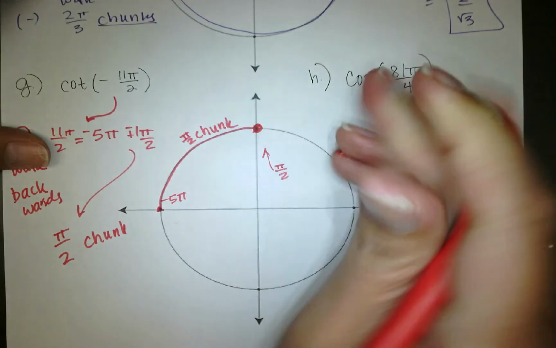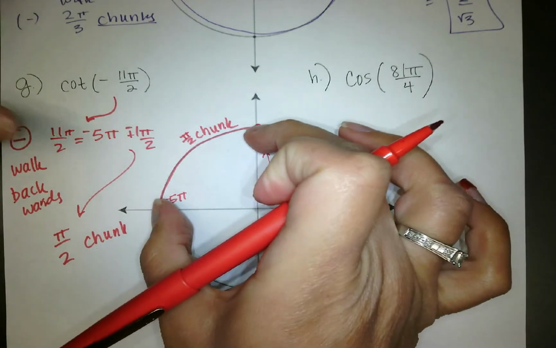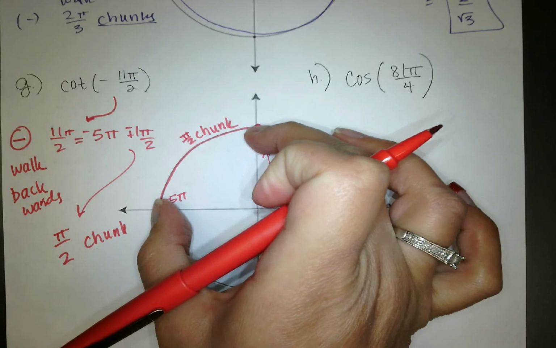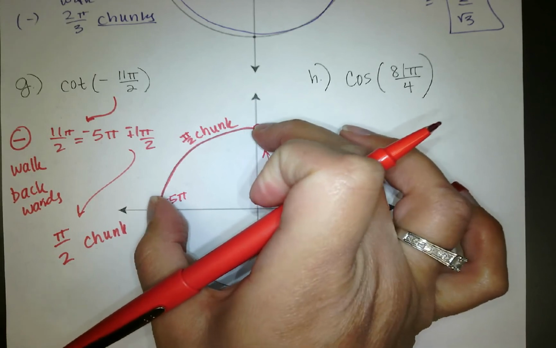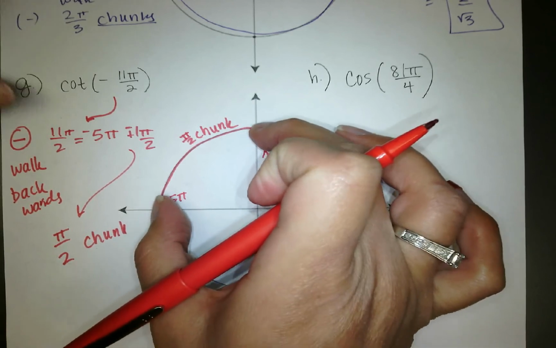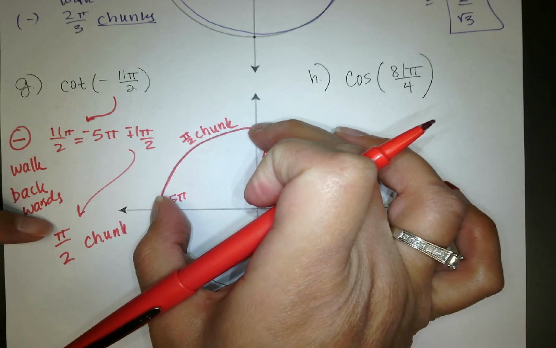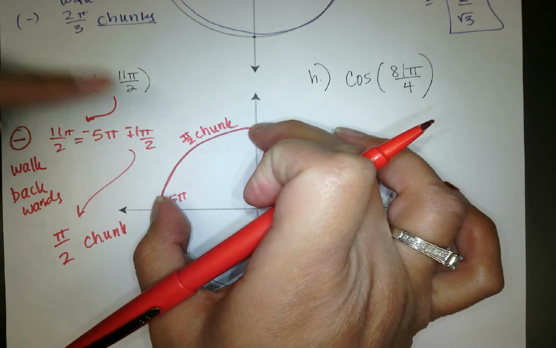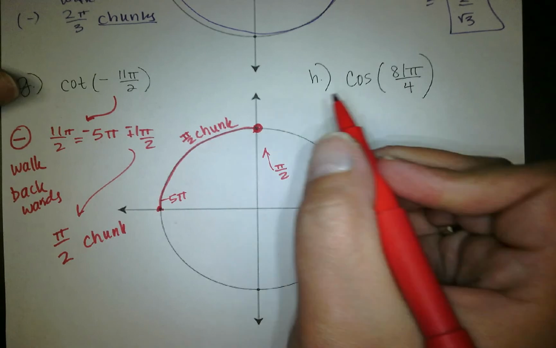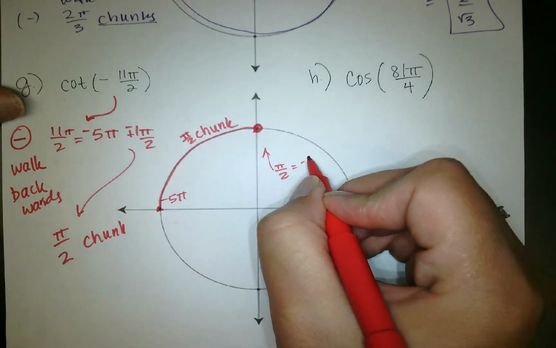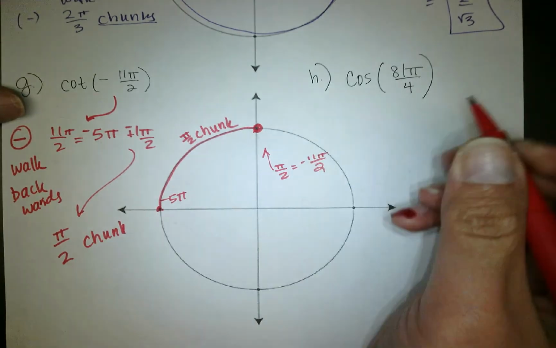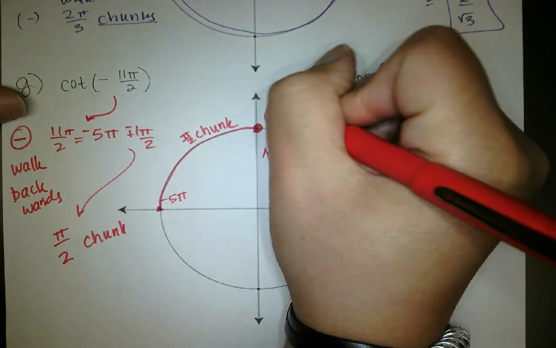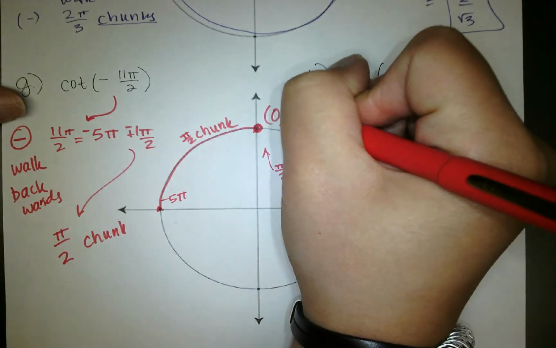But this chunk, this distance that I have to walk, that's how big that arc is. That's the measurement of that piece of arc. That's the chunk I have to continue to walk. So I did 5 of them and then a half of them. So that turned out to be negative 11 pi over 2. It's the same spot. My GPS coordinates there are 0, 1.